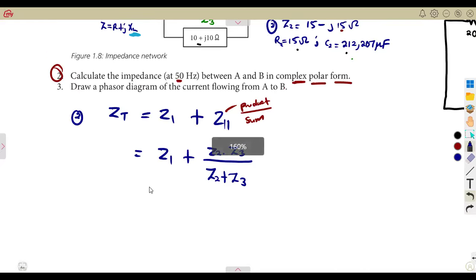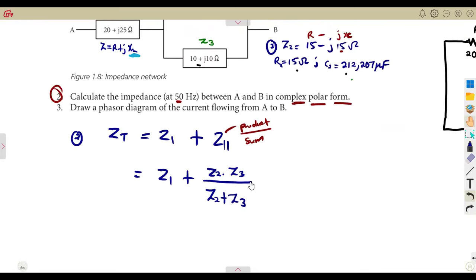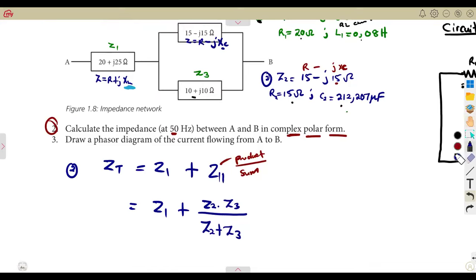Remember, I said that as long as you are working with this type of question, you need both formats, the rectangular and the polar form. In calculation, yes, the question needs you to write your answer in polar form.